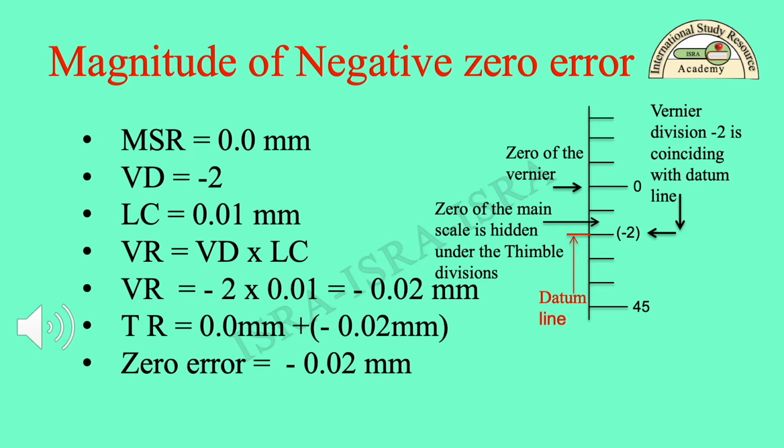Substituting the values, VR is equal to -2 times 0.01 is equal to -0.02 mm. Total reading TR is equal to 0.0 mm plus within bracket -0.02 mm. Final value of total reading or zero error is equal to -0.02 mm.